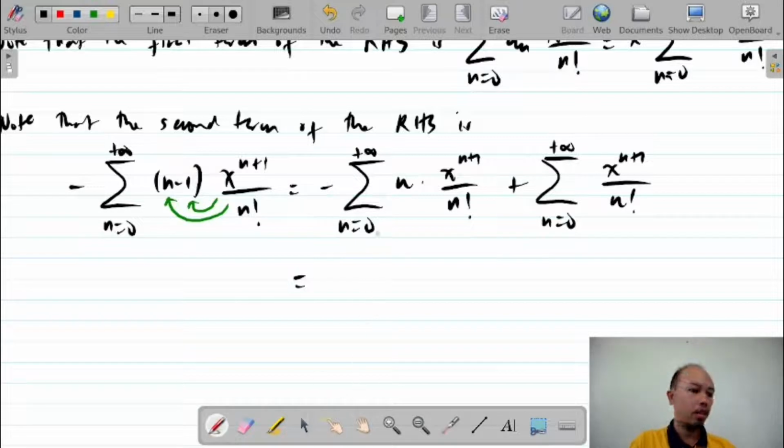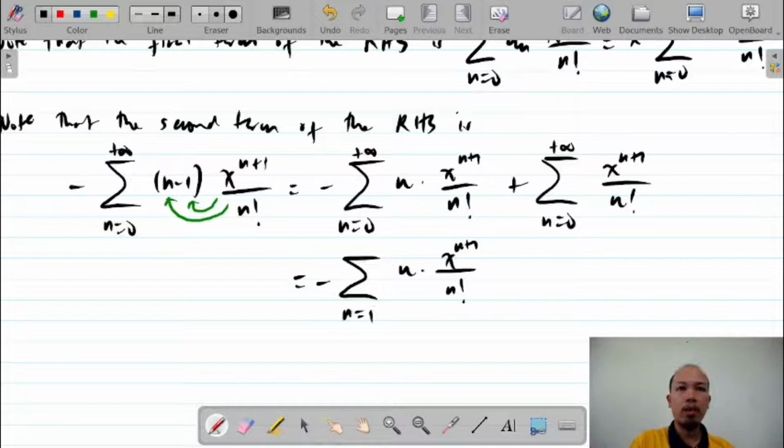This can be written as, I don't know if you notice, n times x to the n plus 1 over n factorial, n starts from 1 to positive infinity. Okay, why is that?